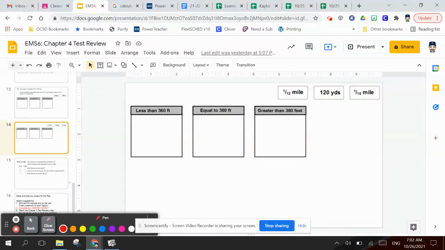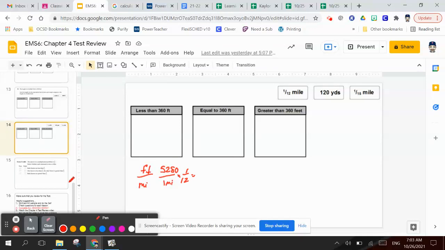When I look at the next three, I have 1/12 of a mile. So I need to know how many feet that is. So I have feet and miles. I know that there's 5,280 feet in 1 mile. I have 1/12.